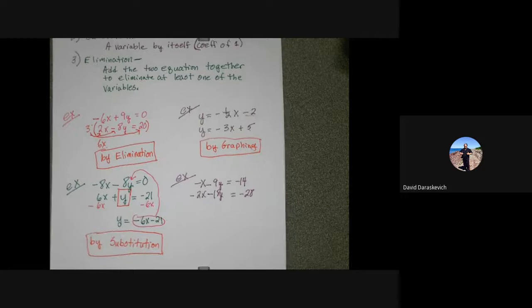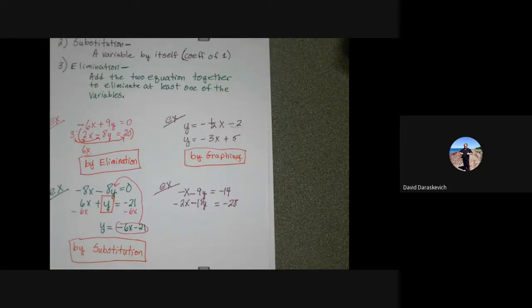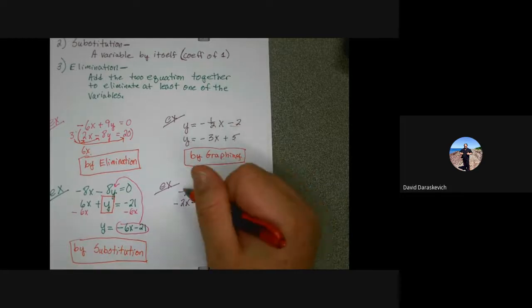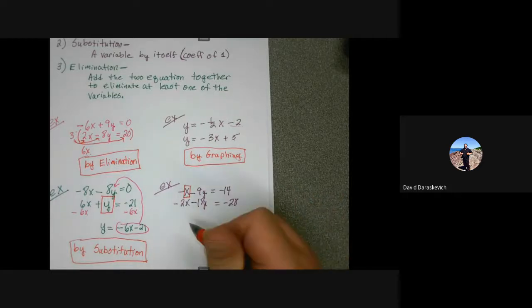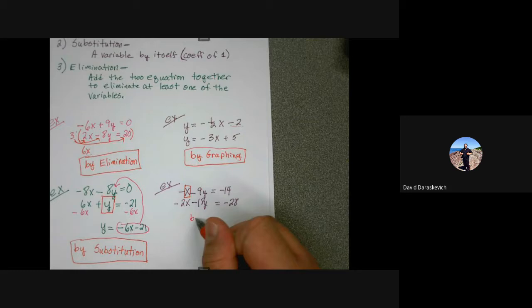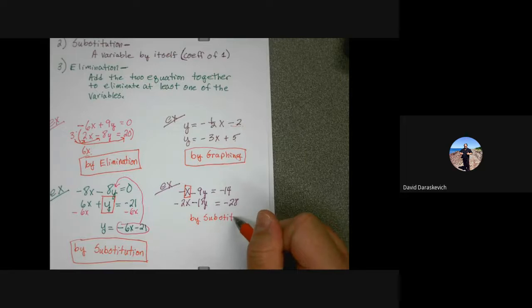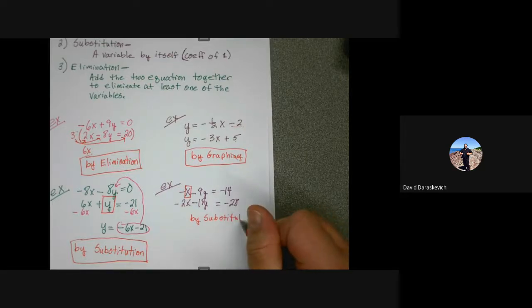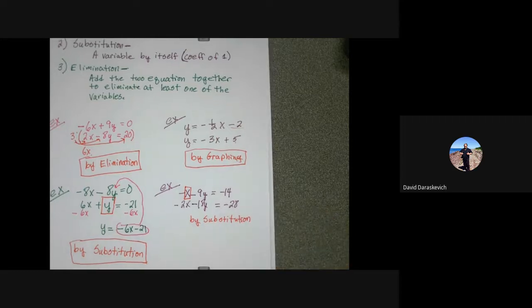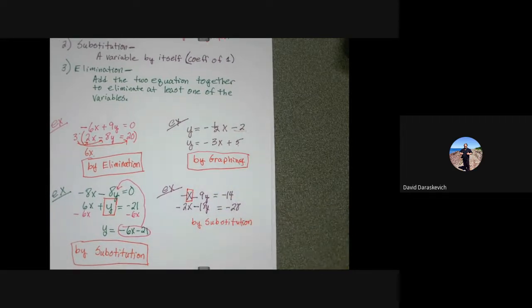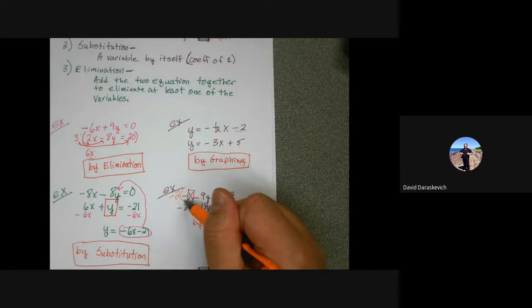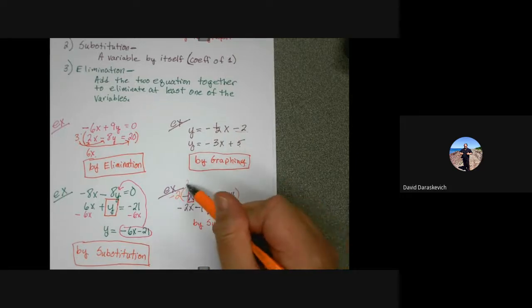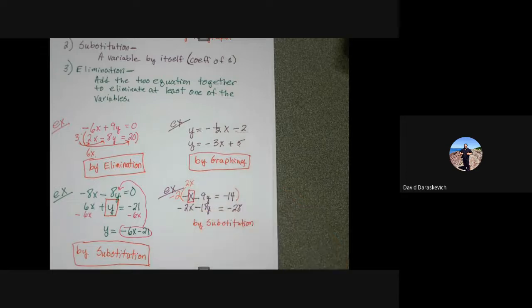Okay. And the last one. Well, I have a variable by itself. I could get x by itself, so I could use substitution. Or, okay, it would be just as easy to multiply this top one by negative 2 and give me a positive 2x and eliminate those x's.